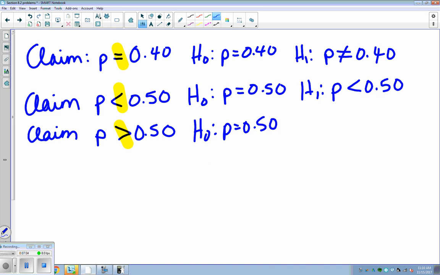Because there's not equality there, my alternative is going to be exactly the same. Here's where it flip-flops. This is why it's confusing. You've got to keep thinking, does the claim have equality? And that's key.